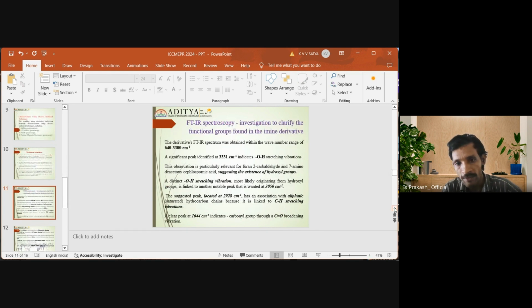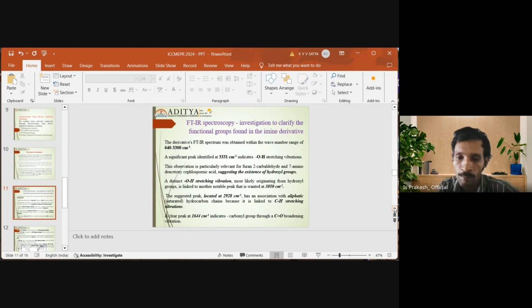According to the FTIR spectroscopy, the FTIR spectrum gives a complete picture of the functional groups present in the product. The wave range of the product is observed between 640 and 3300 inverse centimeters.